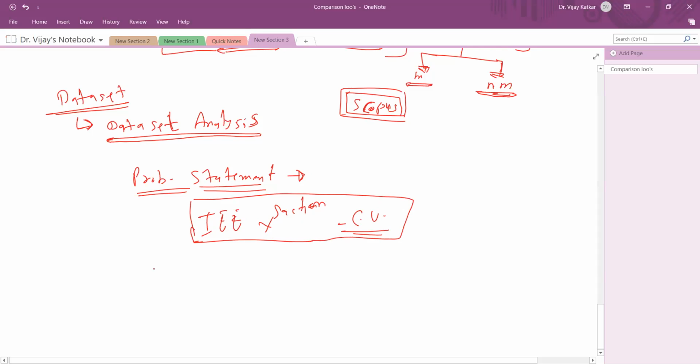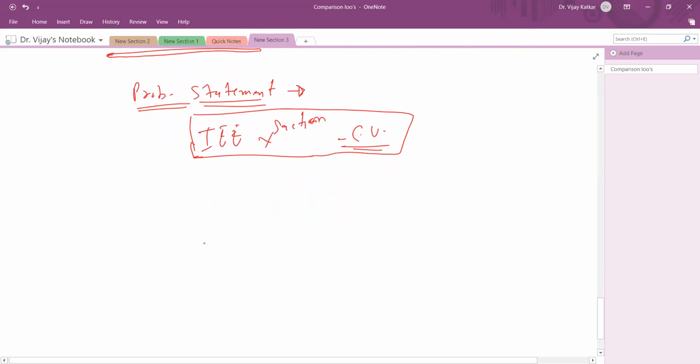Second thing, on the internet, if you search, you will find what the best journals are in a particular domain: the best journals in computer vision, in image processing, in computer network security, in wireless security.